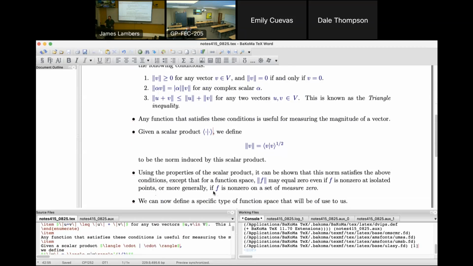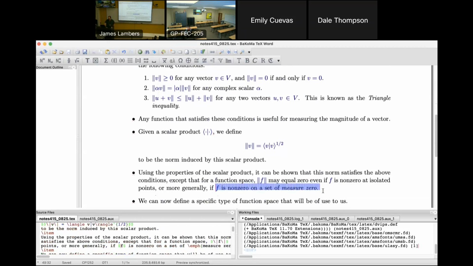But that only happens if, under this circumstance, f is non-zero on a set of measure 0. Informally, what's meant by measure 0 is that you're talking about a set of points that has no volume in the space.